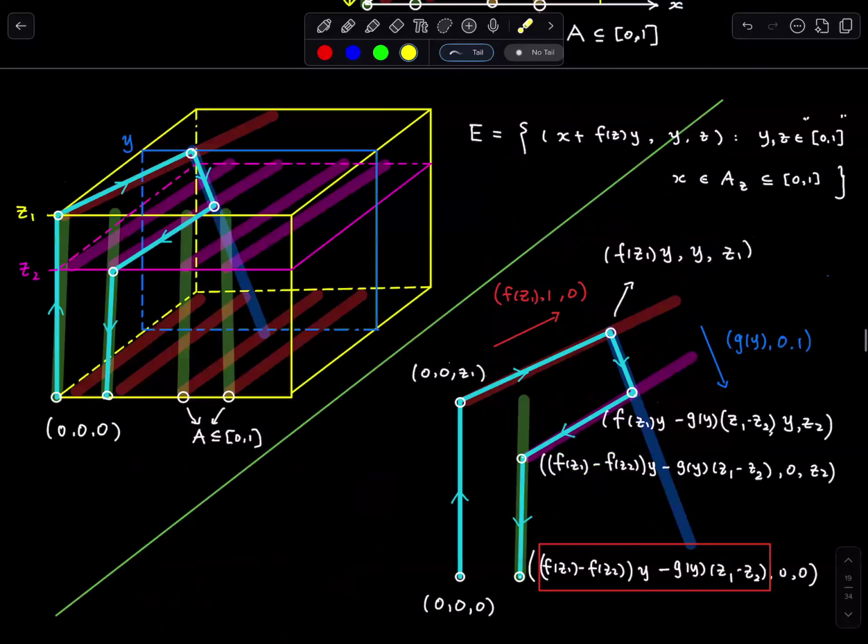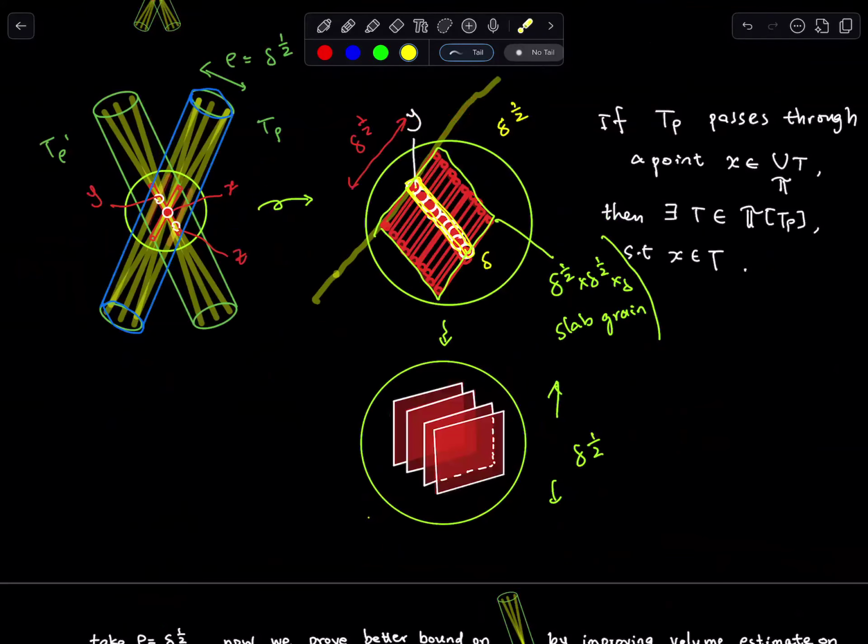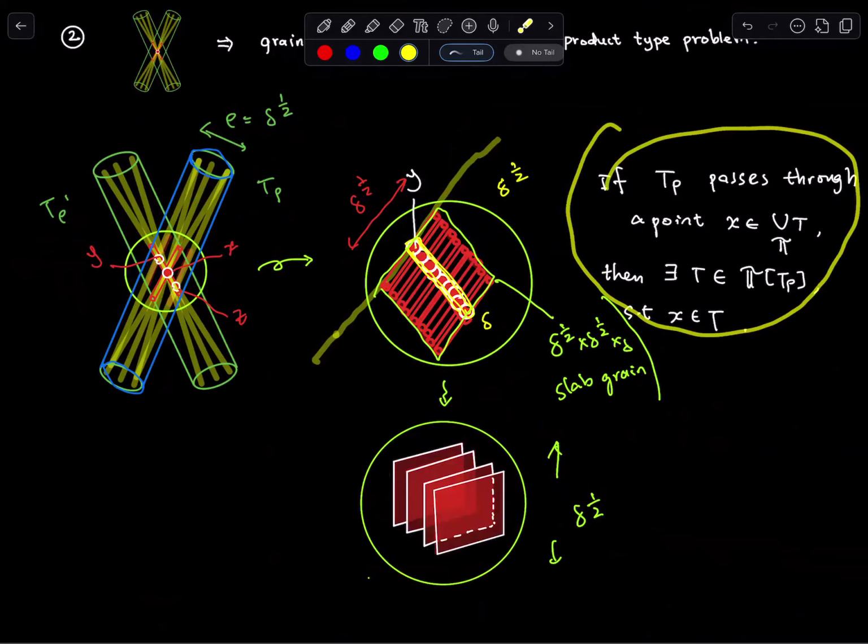Let me remind you, this key property from the stickiness means that it should have some rigid structure.